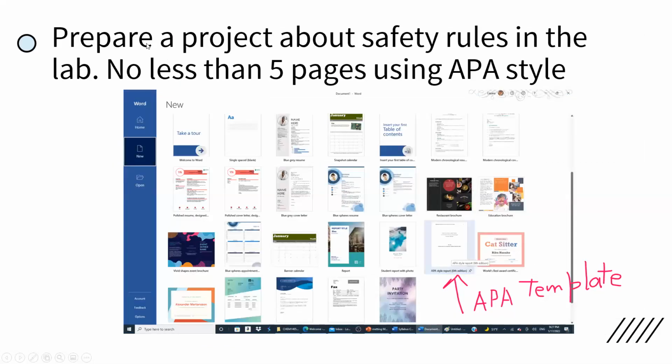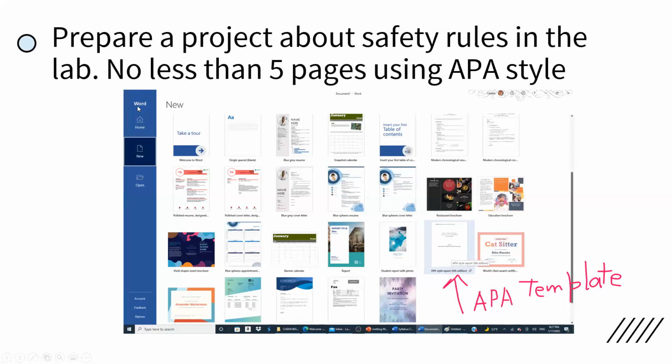In order to prepare the project, when I say project, I'm talking about the safety rules project that will be no less than 5 pages using APA style, but it also is the style that you will use for the final project in the lecture.